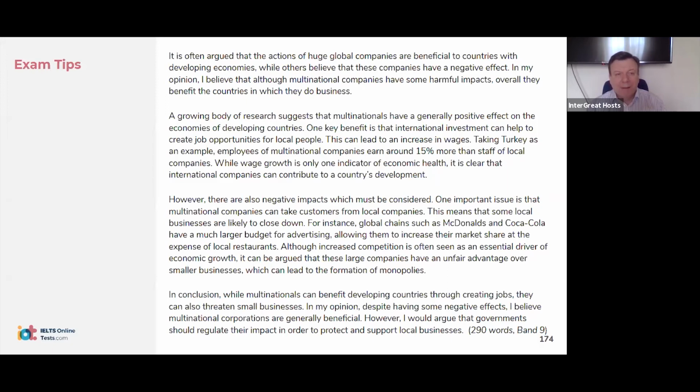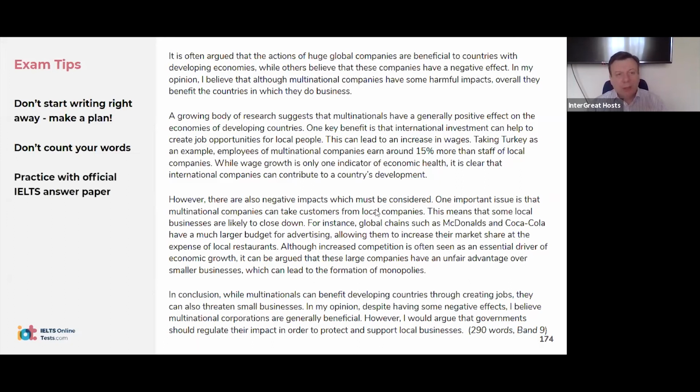Okay, so some tips. Don't start writing straight away, obviously. Make a plan. As I say, you wouldn't get in a car without a map or without using the sat nav. It's not really necessary to count your words. You can download the official IELTS test paper off their website, and make sure you leave at least 2 minutes to check your grammar and spelling at the end.